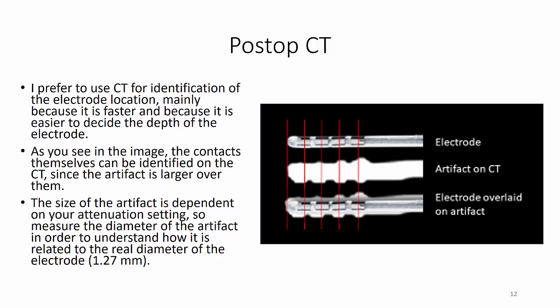As you see in the images here, the contacts themselves can be identified on the CT since the artifact is larger over them. The size of the artifact is dependent on your attenuation setting, so measure the diameter of the artifact in order to understand how it is related to the real diameter of the electrode.